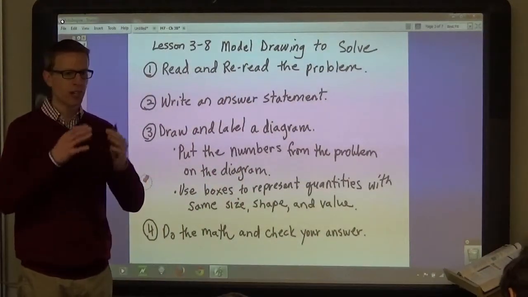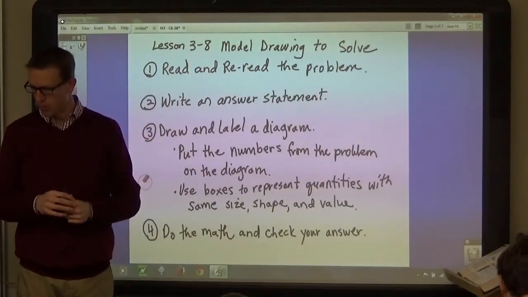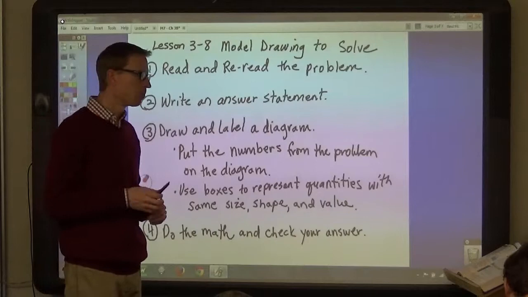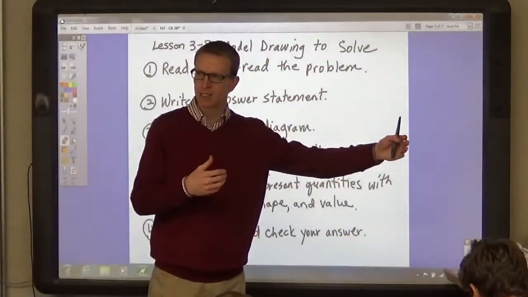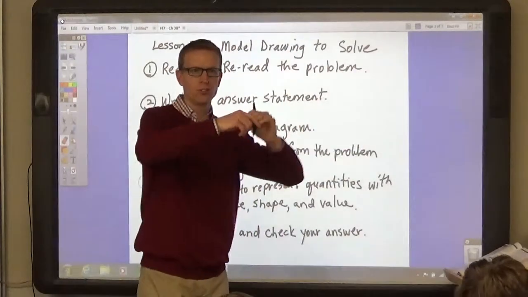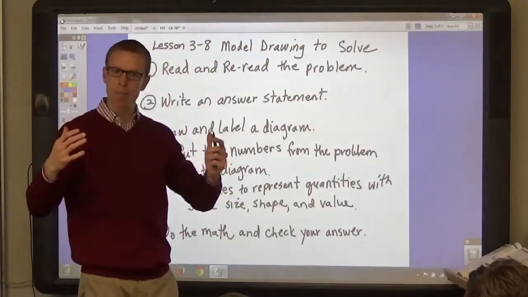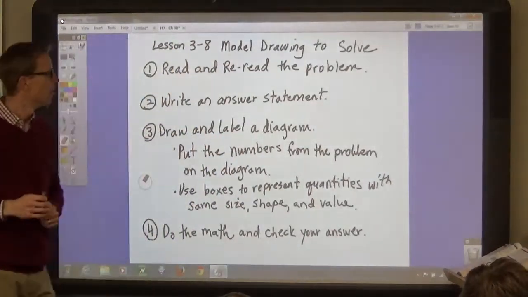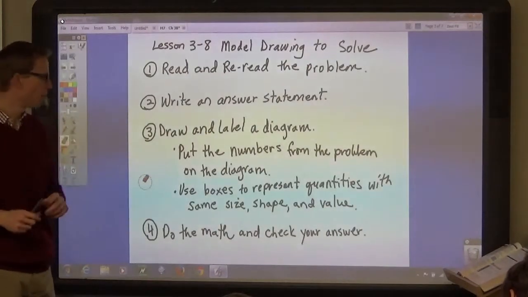So if it says you're building a garden, you draw a rectangle, like a garden. If it says that you are traveling a certain distance to school and then to the library and then back home, you draw that like a map. Okay? Sometimes those types of problems require just pictures of the problem.